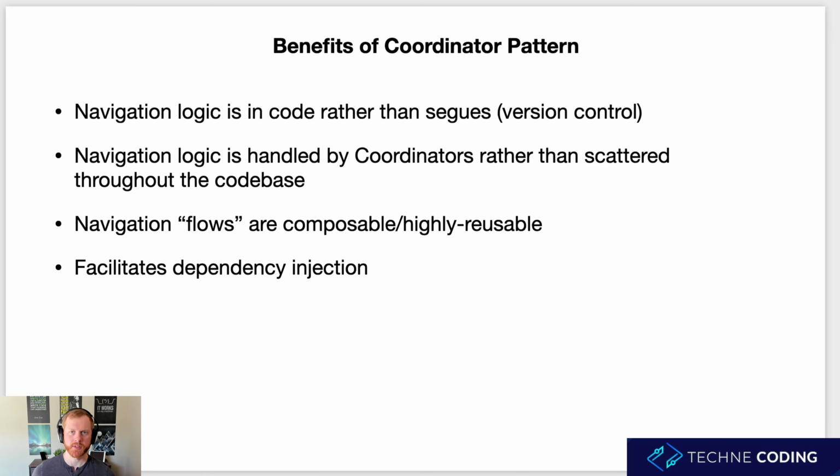Traditionally in Swift and iOS before SwiftUI, most navigation was done with segues. That was the original way Apple recommended people create navigation logic, through storyboards and segues. It was very visual, but what ended up happening was you got this monster of unreadable configuration code in the storyboard file.